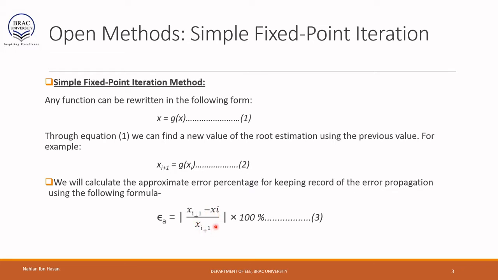That is the definition of approximate error percentage. This formula is very useful for terminating our code whenever we are writing Python or MATLAB code. So these criteria are very useful.